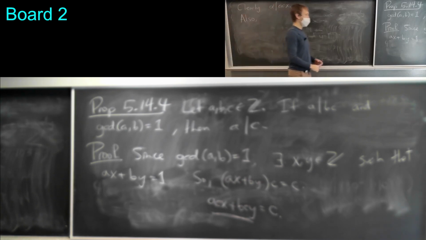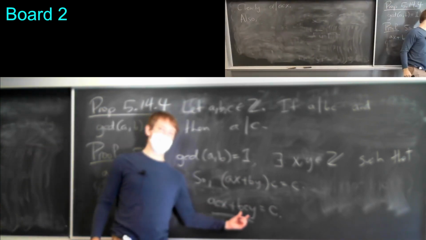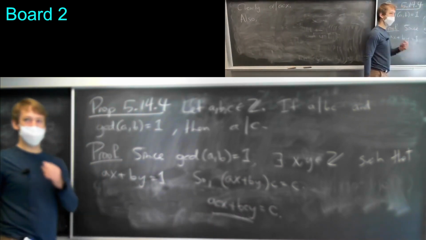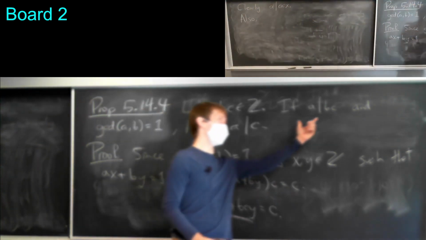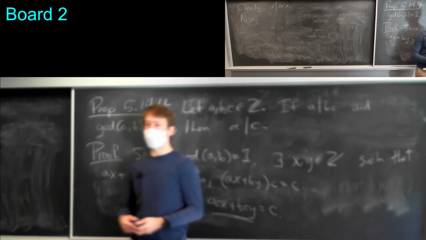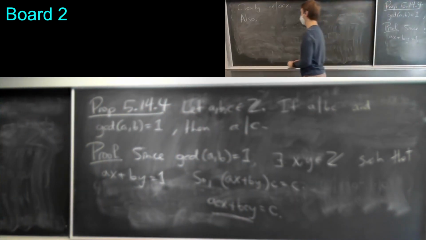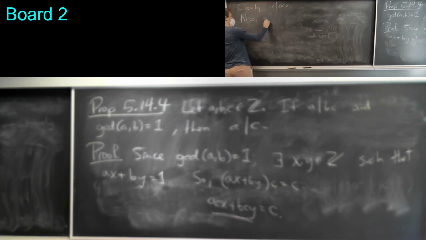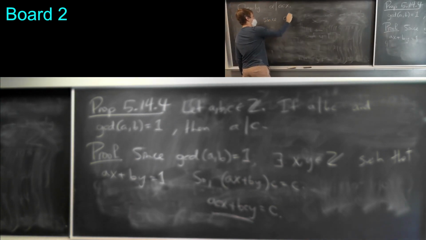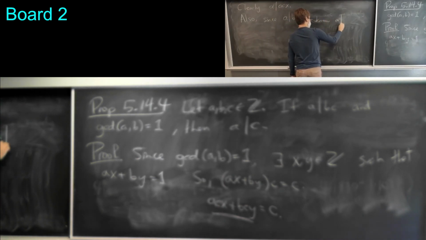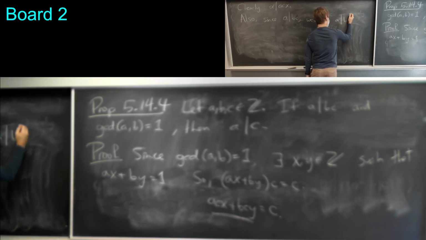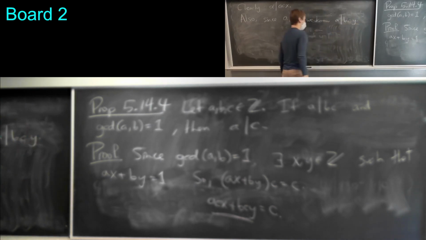But also, can anyone tell me why a divides b times c times y? Yeah, exactly. We always have to remember to use our assumptions. We're assuming that a divides bc. So since a divides bc, we know that a divides b times c times y.